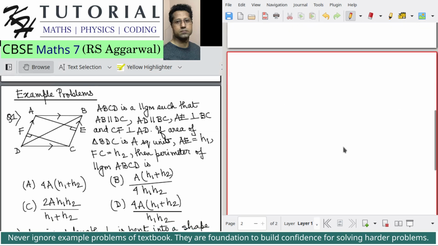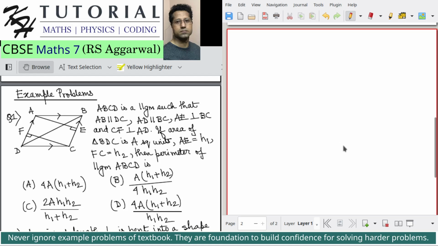The first problem says that ABCD is a parallelogram such that AB is parallel to DC, and AD is parallel to BC, and there is a line segment AE which is perpendicular to BC.